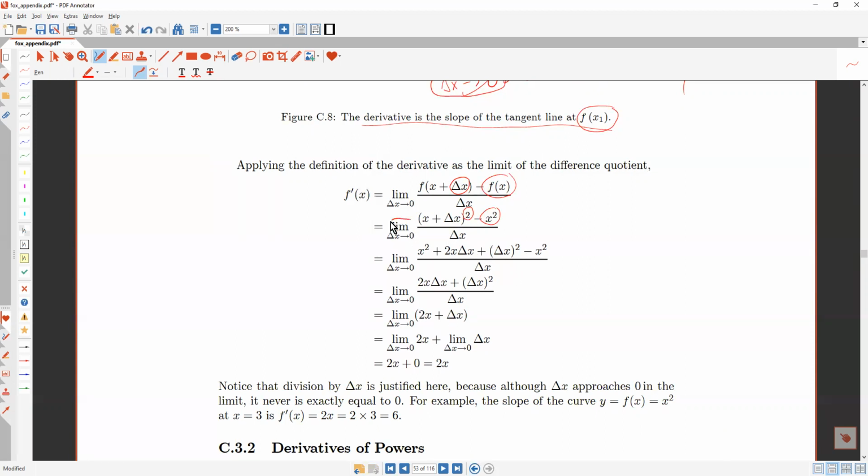We have our limit concept right here because we're computing something called the derivative. There's the derivative, that's another notation for the derivative. Eventually, we get to 2x. So we say that 2x is the derivative of that particular function, x squared.